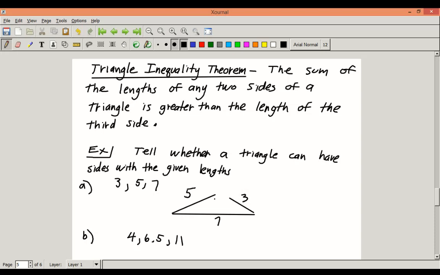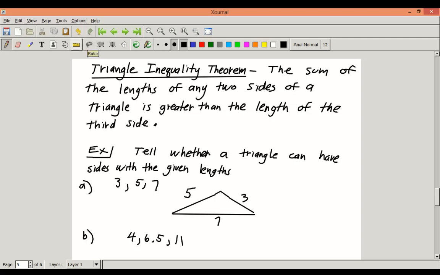Well, if the 5 and the 3 were maybe like a 2 and a 3, they wouldn't even come together because this bottom side is 7. But you can see that the 5 and the 3, which add up to 8, is greater than the third side, so you certainly do have a triangle. You can go ahead and draw that in there.